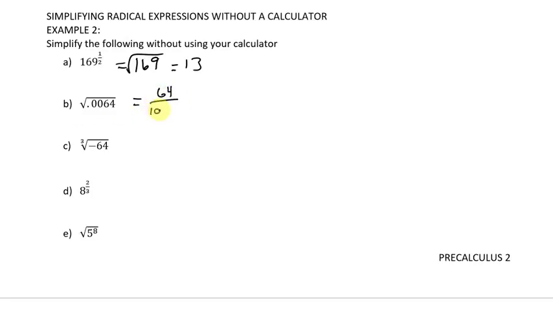We'd be taking the square root of that, which is the square root of 64 divided by the square root of 10,000. The square root of 64 we know is 8, and the square root of 10,000 is 100, so that's 0.08. So you can see I can get the 8 from here, and then this has 2 zeros, and so this is only going to have 1.